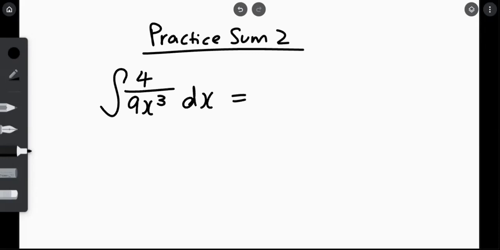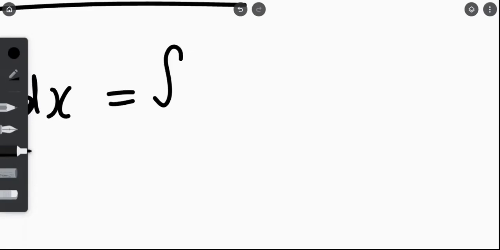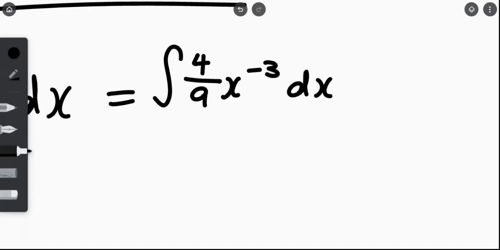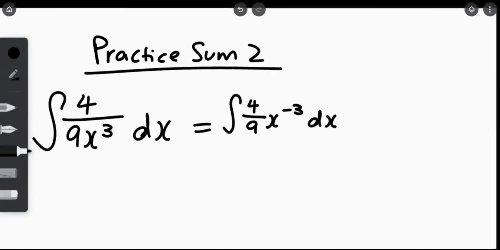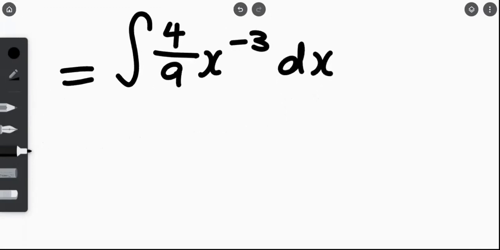Okay, time is up. Let's review the answer together. So for this question, you actually need to do one important step. That one important step is, firstly, you will need to show me that 4 over 9 x to the power minus 3, because this is a fraction. Because this is a fraction, you do not use the quotient rule, and I repeat, quotient rule is not in integration, so you have to bring the x out. Okay, after you have done that, it will be as smooth as it can be.